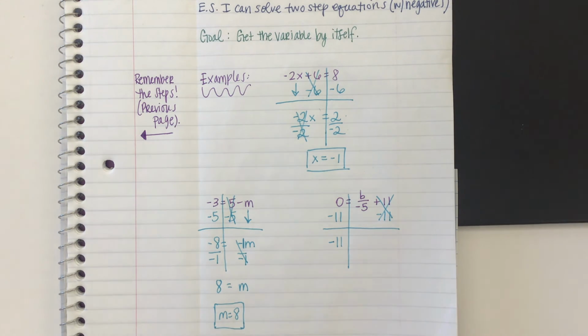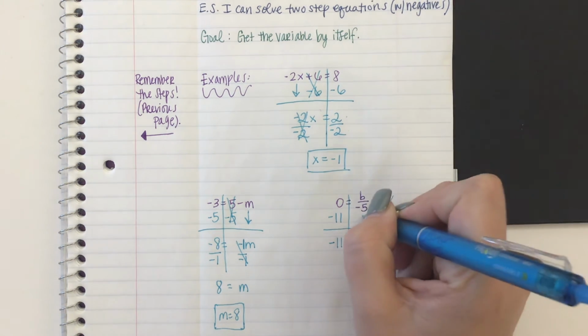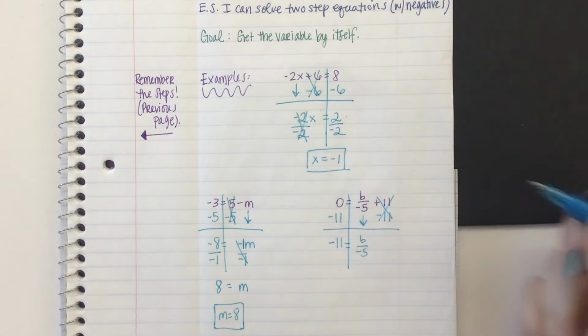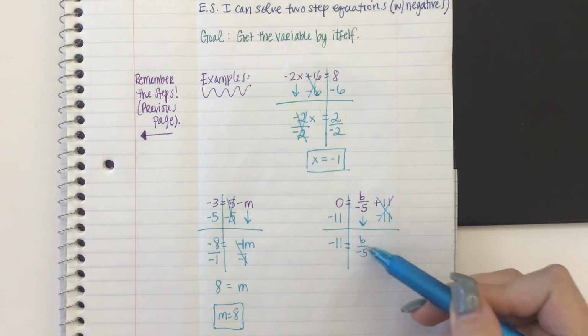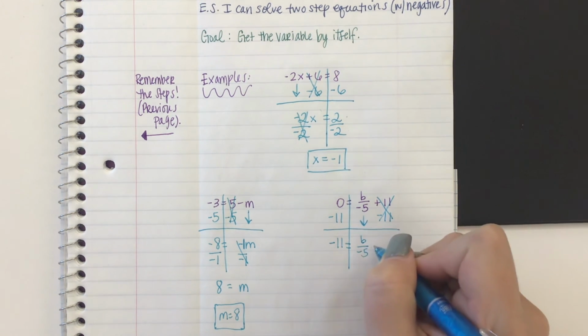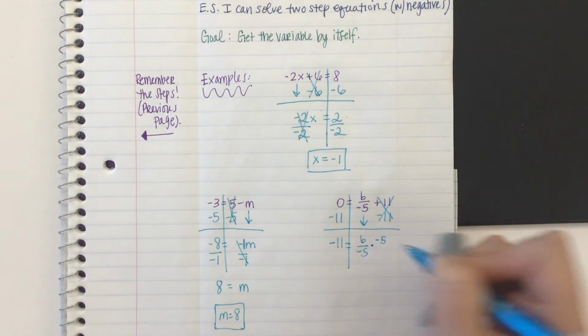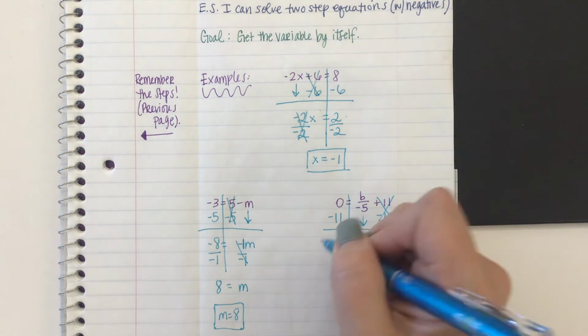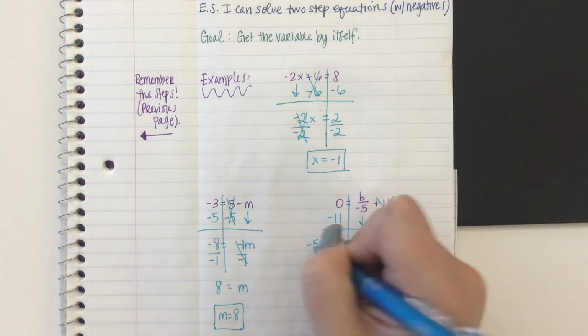And you bring down what you did not use, which is b over -5, and this means division, so the opposite of division is, in fact, multiplication, so I'd multiply by the number, which is -5, and then whatever I do to one side, I must do the same thing to the other.